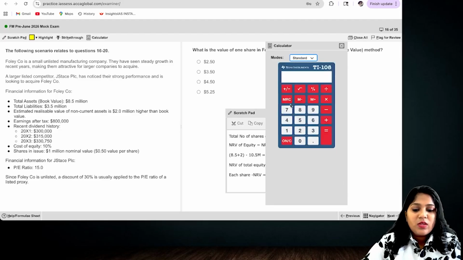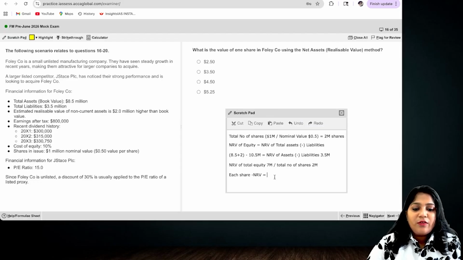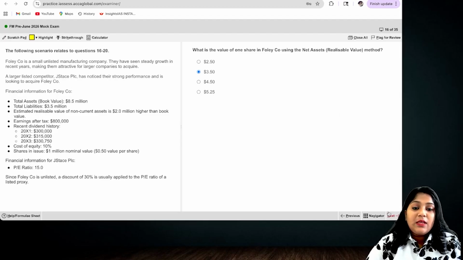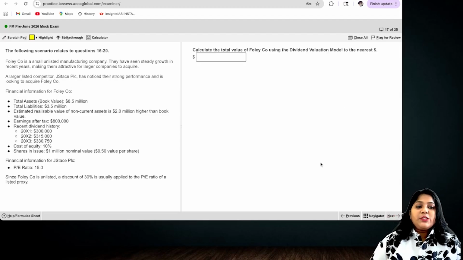So the answer is simply $3.5. So option B should be the right answer. This is regarding question number 60, the first question of your Section B.